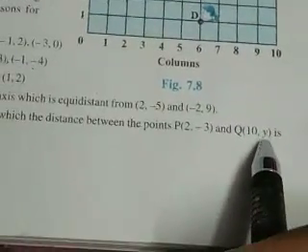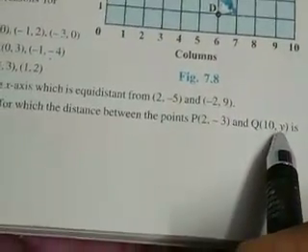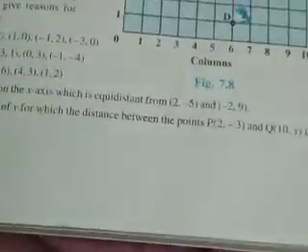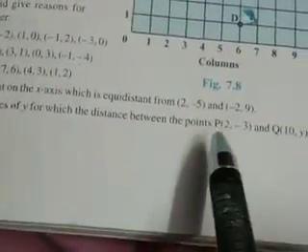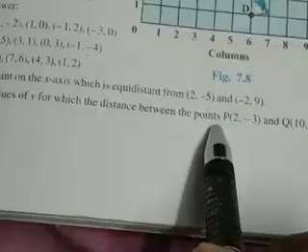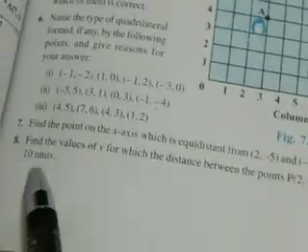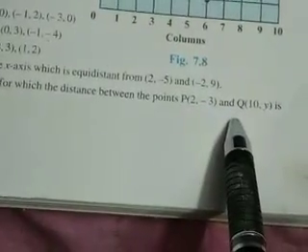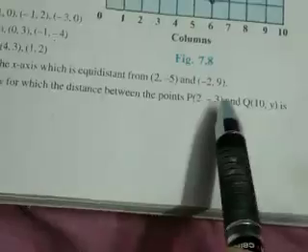Okay, so here we find the y coordinate of this Q point, and here the distance between PQ is given as 10 units. Then we find this y value if we have the distance. Okay, so now answer number 8.